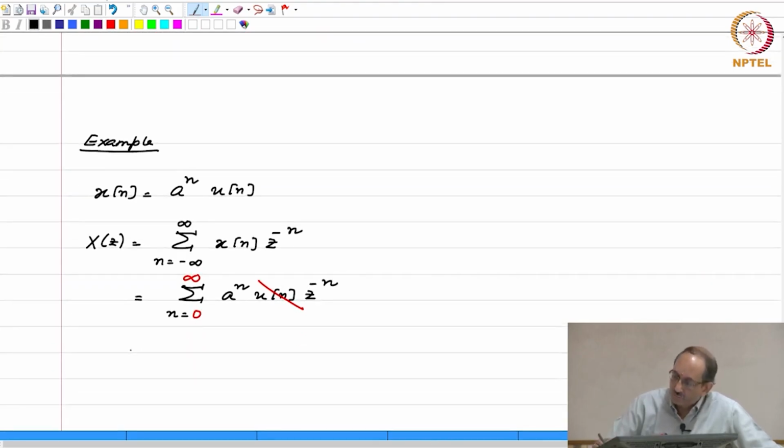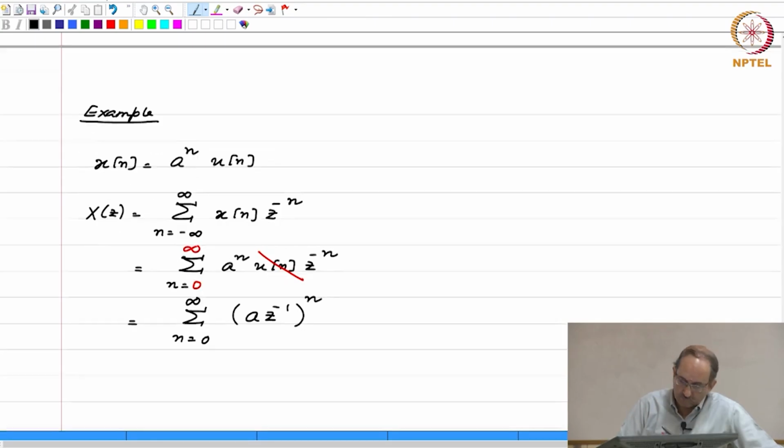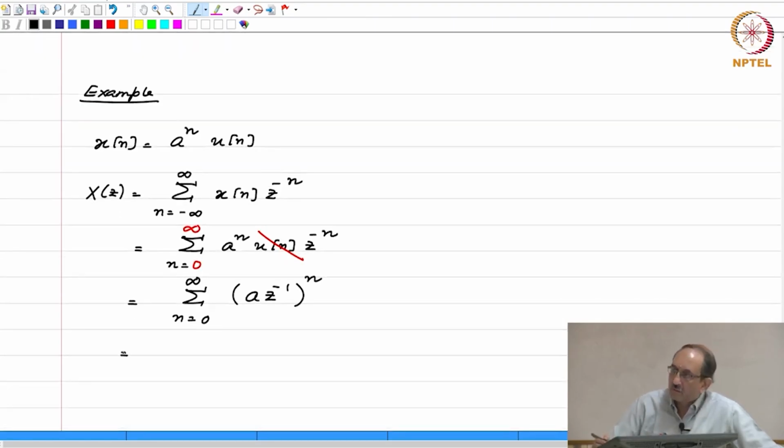And if you simplify this, this is nothing but the sum over n going from 0 to infinity of a z inverse to the power n, and this is a simple geometric series, a times r to the n, and the answer is a by 1 minus r.